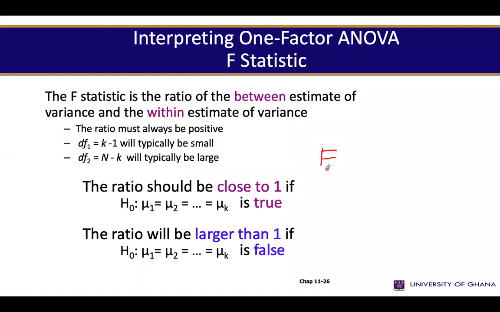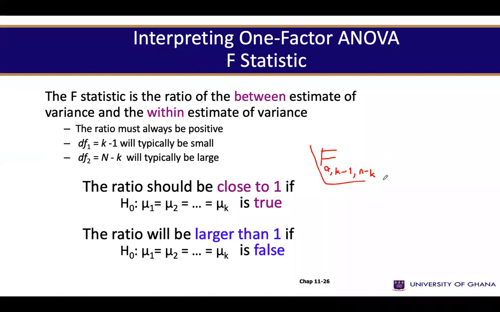It has alpha, and then the numerator degrees of freedom is k minus 1, and the denominator degrees of freedom is N minus k.